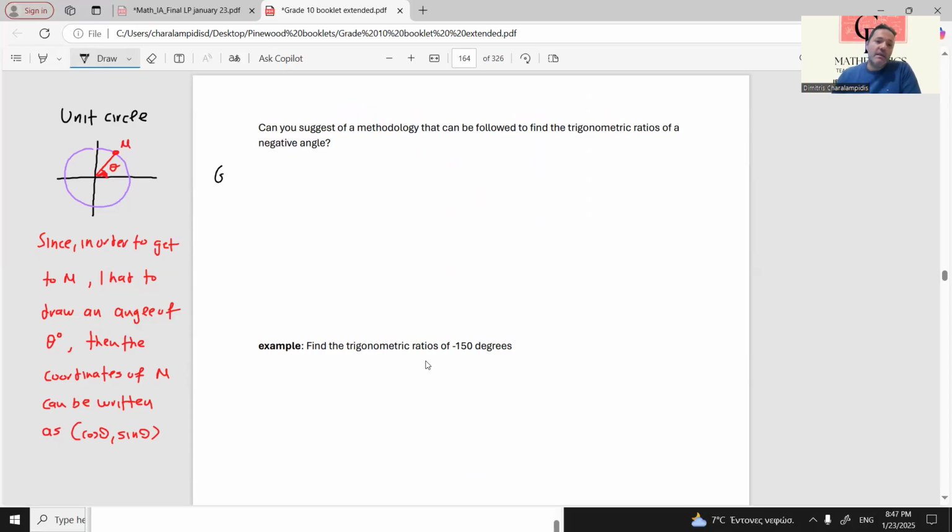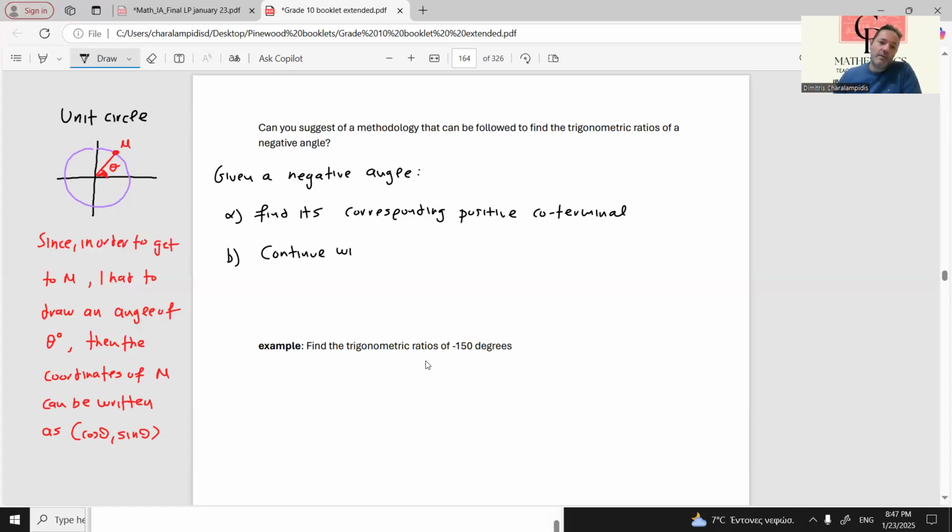Certainly, we would say, given a negative angle, I would say find its corresponding positive coterminal and then continue with finding that angle's trig ratios. Let's work an example.